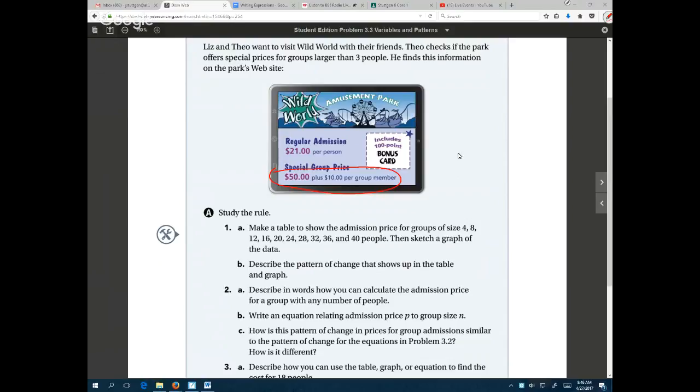Understand? I'll tell you right now, to do this table, are you going to use this price or that price? Yes, the special group price is the one you're going to use to figure out the table.